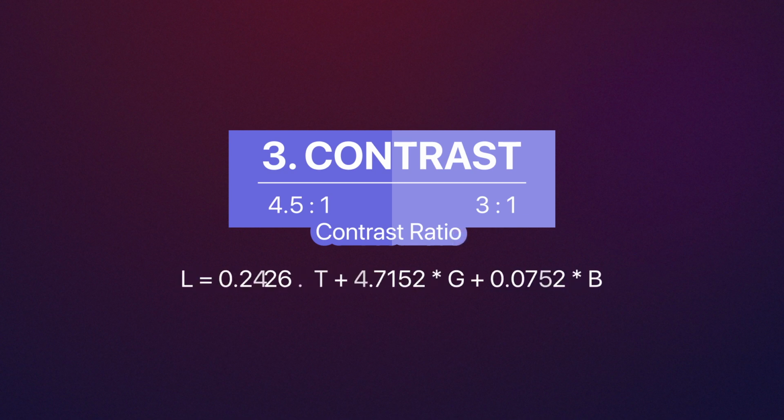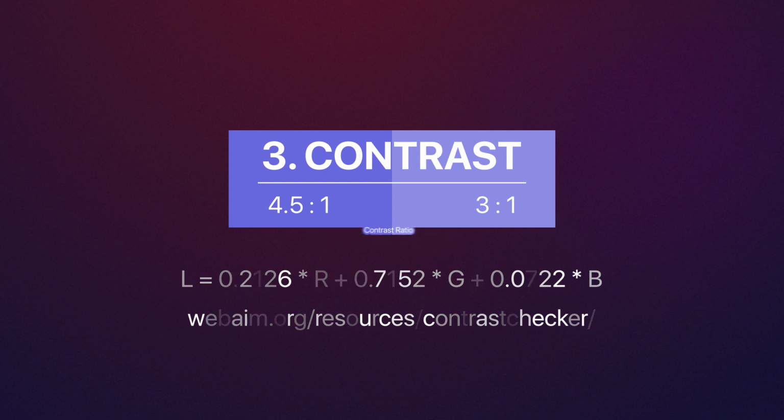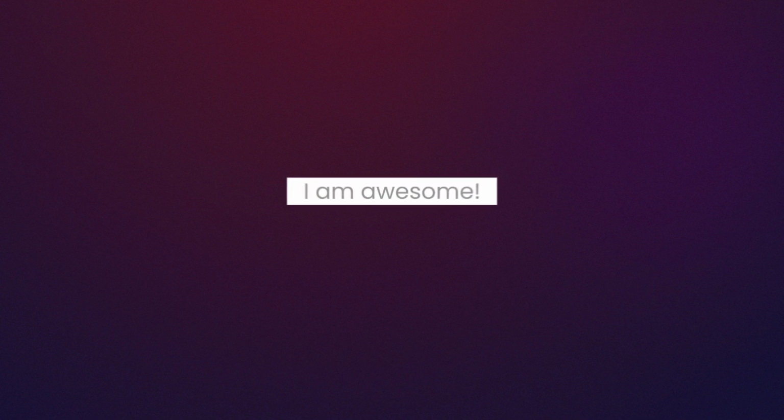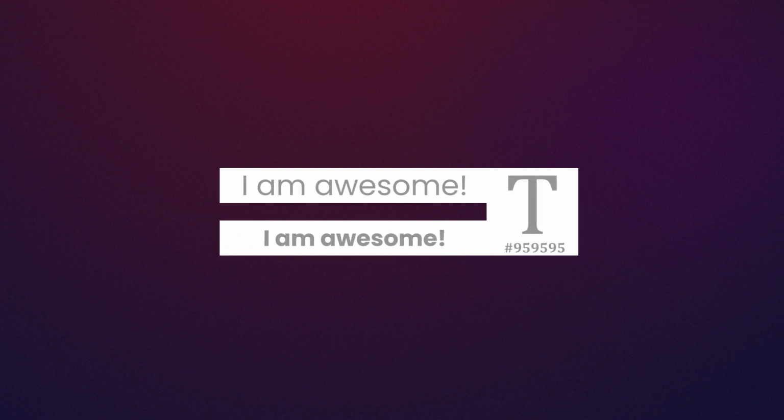There's a pretty difficult formula to calculate these ratios, but as always, there are a number of contrast checkers that can lend a hand. Let's take a specific example. If your text is at least 24px or 19px bold, the lightest gray you can use on a white background is this.